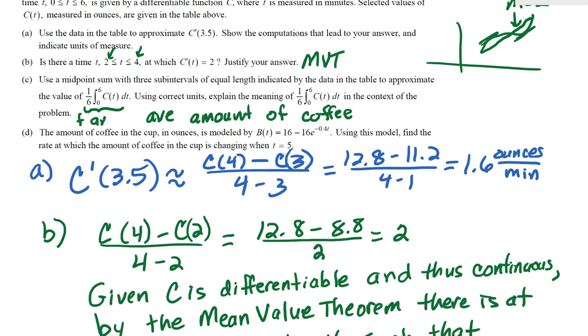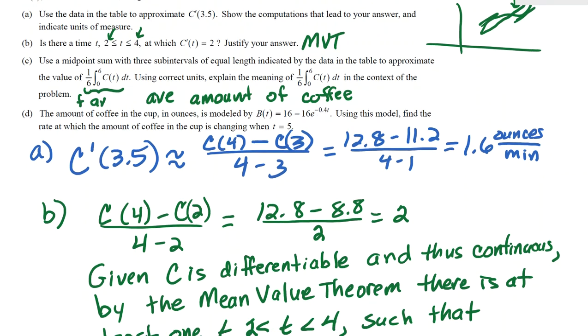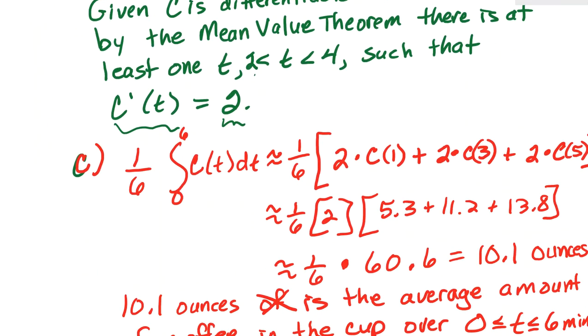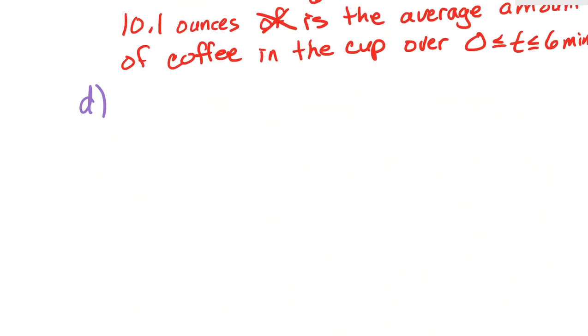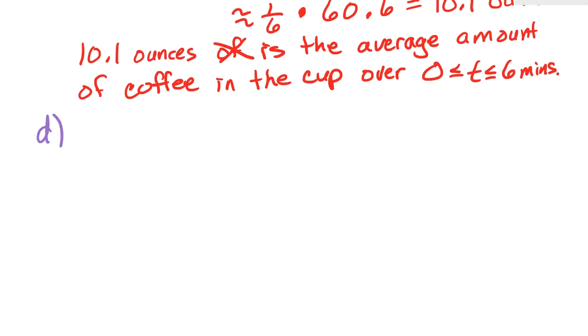Well, if B is the formula for the amount of coffee, then we just have to find B prime. So the derivative of the constant will be 0, and the derivative of this constant times e to a glob will be e to the glob times the chain rule on the glob. So a pretty easy derivative, and then we just have to put 5 into it.